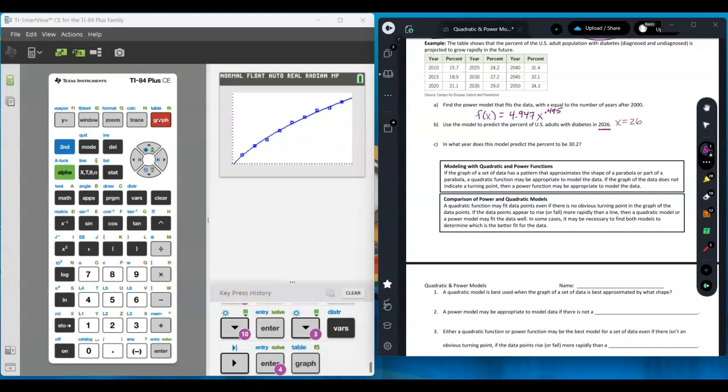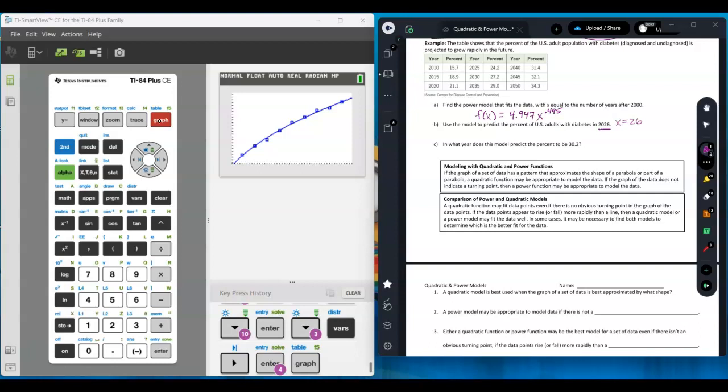And so it wants us to find the percent of US adults with diabetes, which means it wants to know what Y value you would expect if X was 26, right? And we've got data in our actual table for 2025 and 2030. So we could estimate it, it's going to be somewhere between 24.2 and 27.2, but we can actually use the model to predict this.